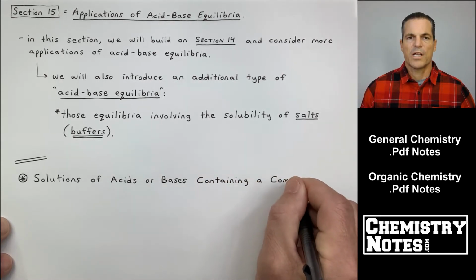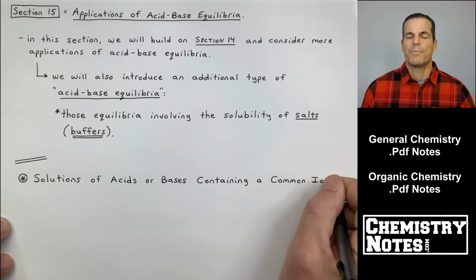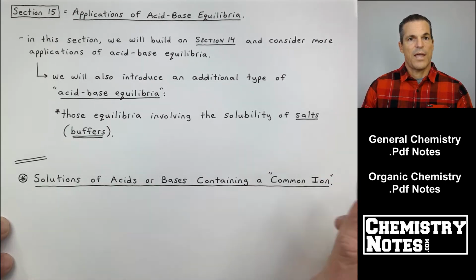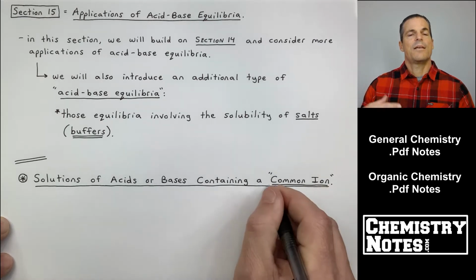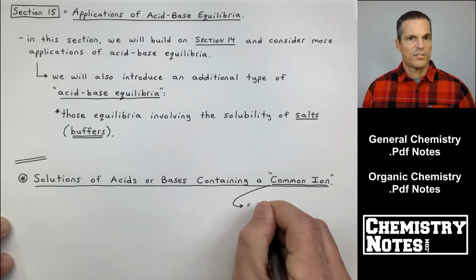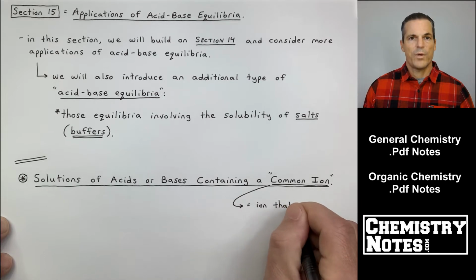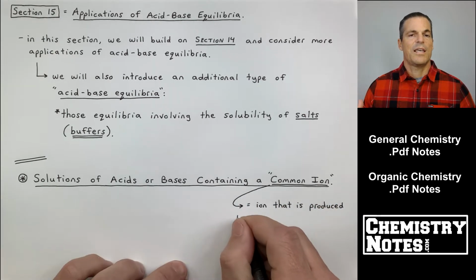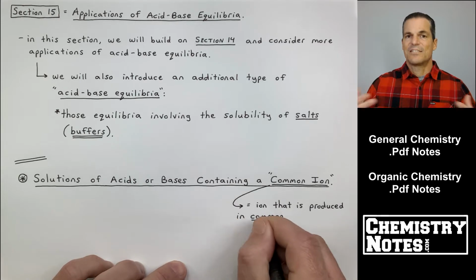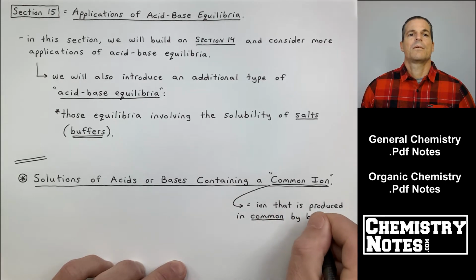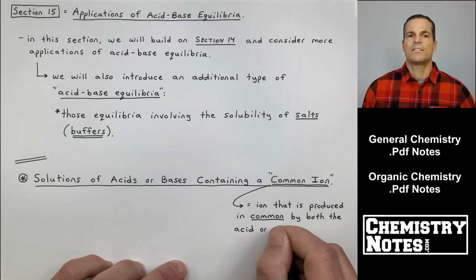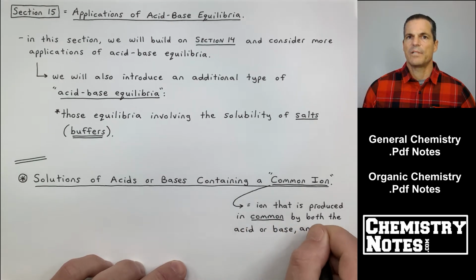We'll have a better one coming up later in this video, but essentially a buffer is a weak acid, and that weak acid has a common ion that is also present in the salt. Same thing with a weak base. A weak base is going to have a cation that's also present in a salt that's dissolved in the same equilibrium environment. So there's the star right there, and it says solutions of acids or bases containing a common ion.